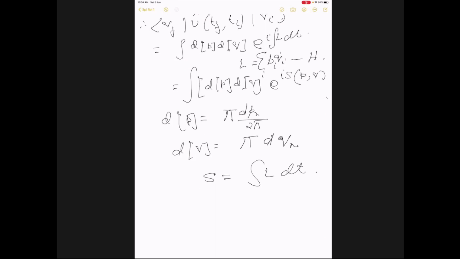So now you have a remarkable expression that U, the probability of going from some state Qi at time Ti to a state Qf at Tf, is nothing but the integral dP, integral dQ, e to the power iS.